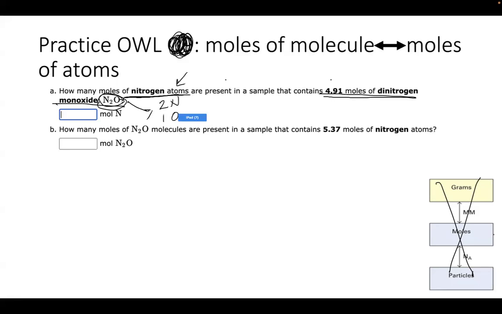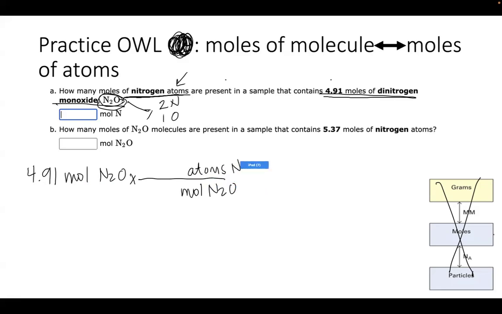All right. So we can start here with our given quantity, 4.91 moles of N2O. And we want to know how many moles of just nitrogen atoms there are. So we're going to put moles of the entire compound on bottom so that way they cancel. And then we can put atoms of just nitrogen on top.